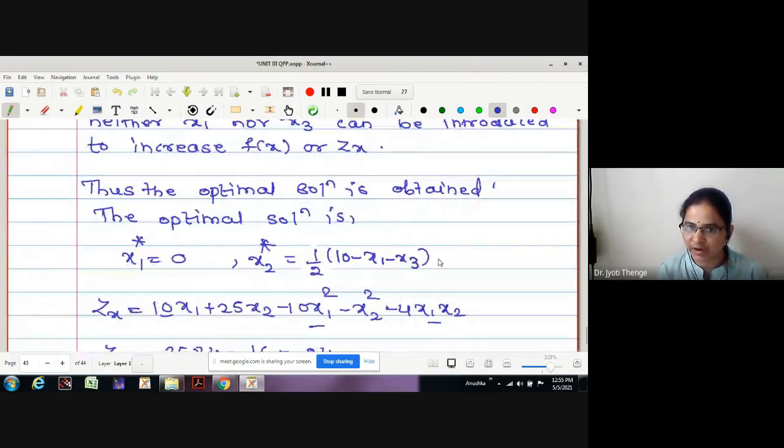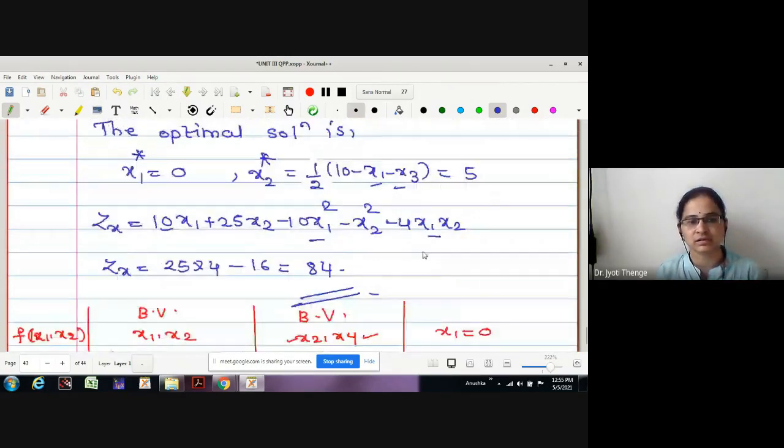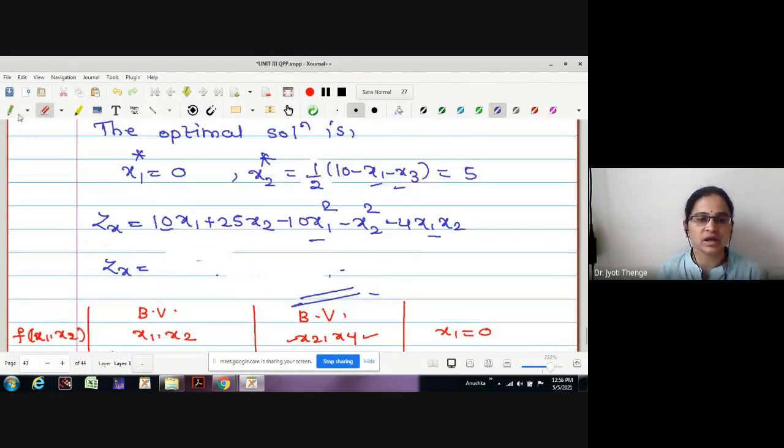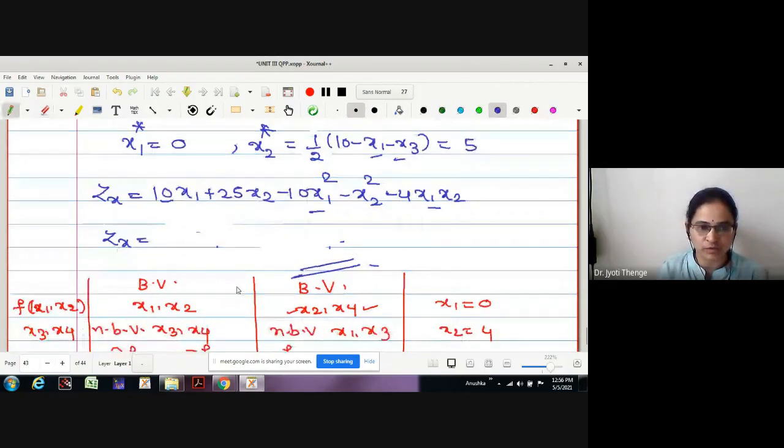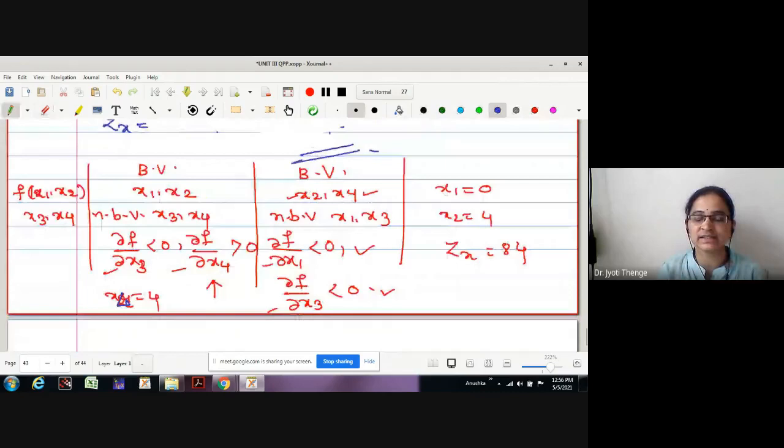Let us put both the non-basic variables 0. Therefore, the value of x2 is 5. Now check the value of z. x2 as 5 I substitute. Here I had written x4 as 4. What is z now, for x2 equal to 5?